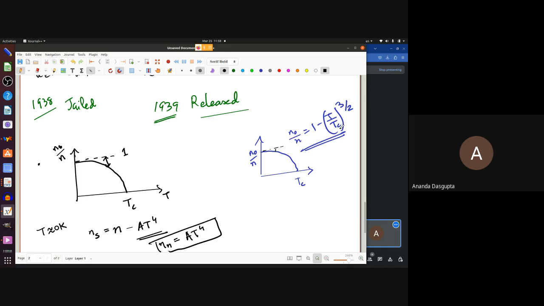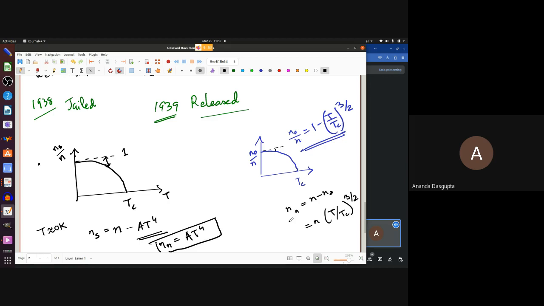By the way, your task for the BEC: if you believe that the BEC was actually what superfluidity was showing, and try to calculate the normal part from this formula, it's pretty easy, right? The normal number Nn here will be simply N minus N0, which will be N into T by Tc to the power 3 by 2, right?